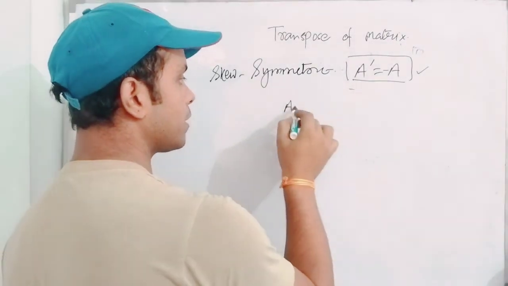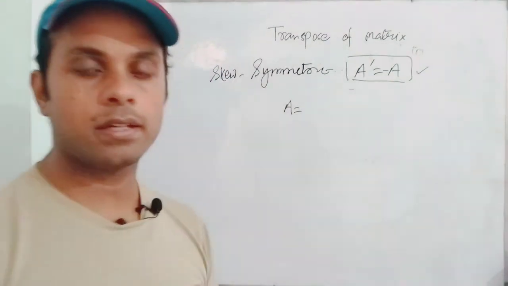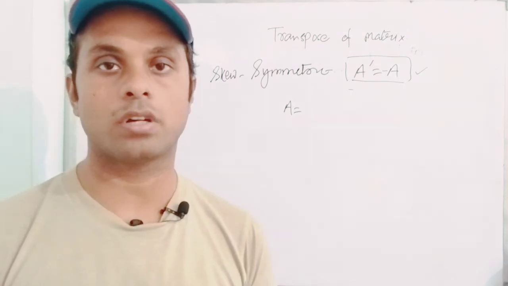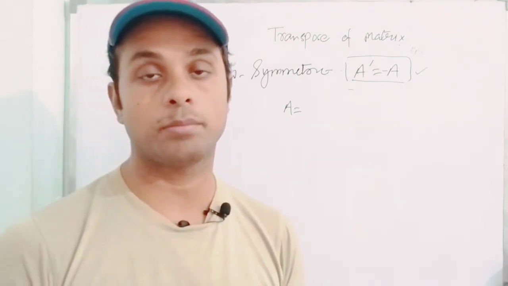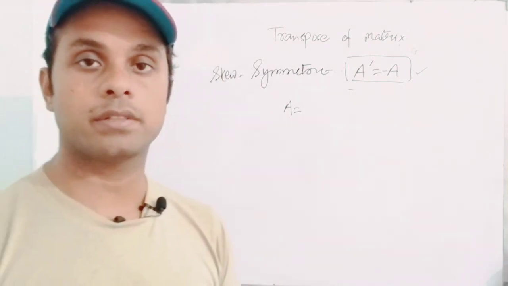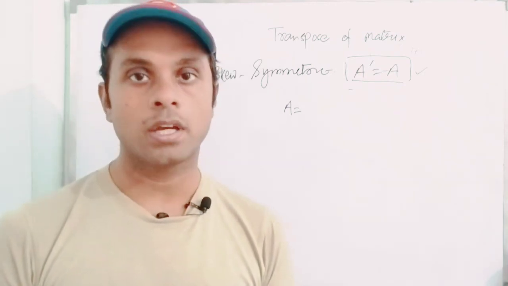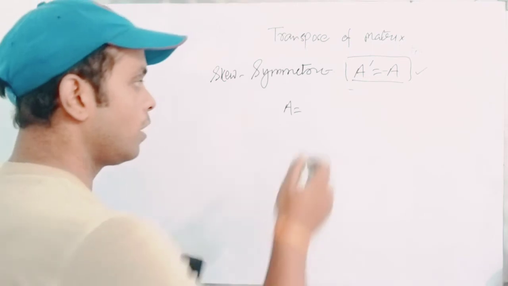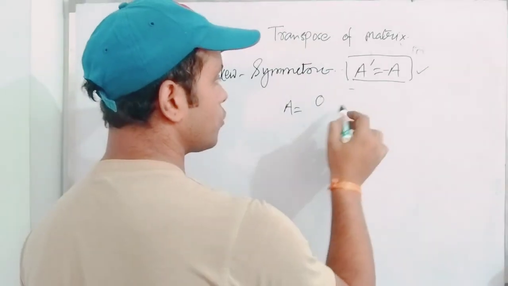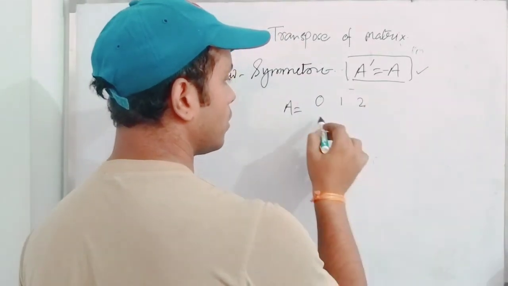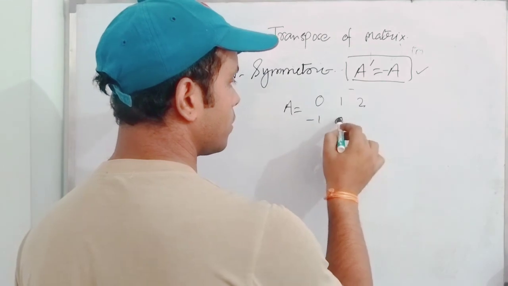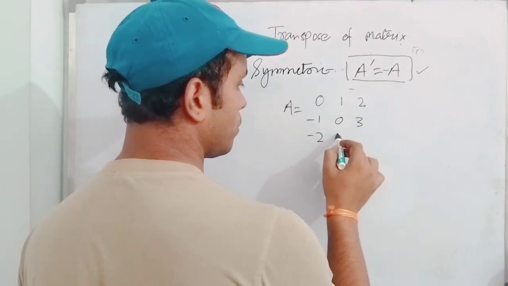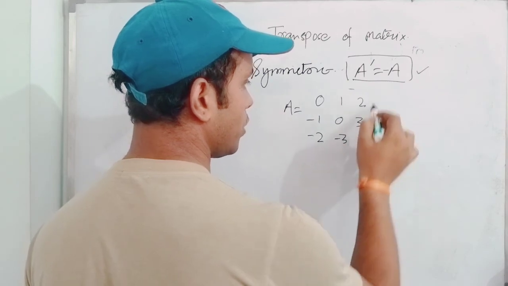Diagonal elements of a skew-symmetric matrix are always 0. So remember, skew-symmetric matrix is also a square matrix and all the diagonal elements are always 0. So if A is 0, 1, 2, minus 1, 0, 3, and minus 2, minus 3, and 0.